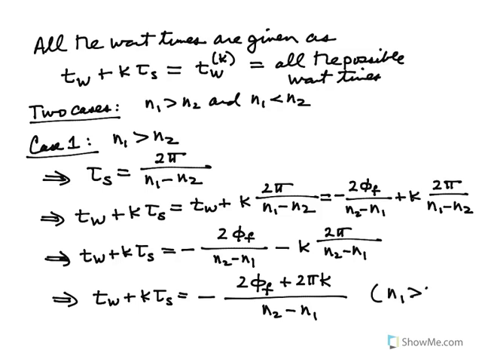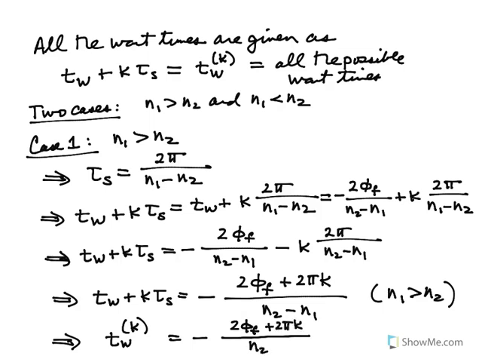And this is for n1 greater than n2. So that is equal to t sub w k, and that's equal to minus 2 phi f plus 2 pi k all divided by n2 minus n1.